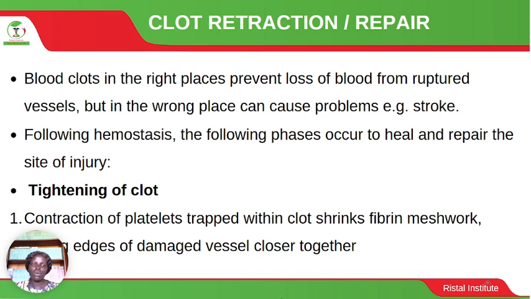That is well and good because not much blood is going to be lost. But if these factors are activated and a clot is formed within the blood vessels, then it can lead to complications such as stroke. So following hemostasis, the following phases occur to heal and repair the site of injury.